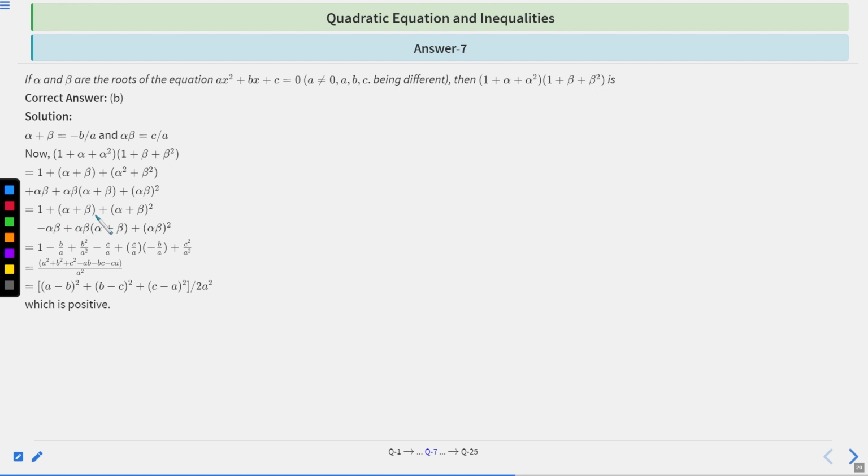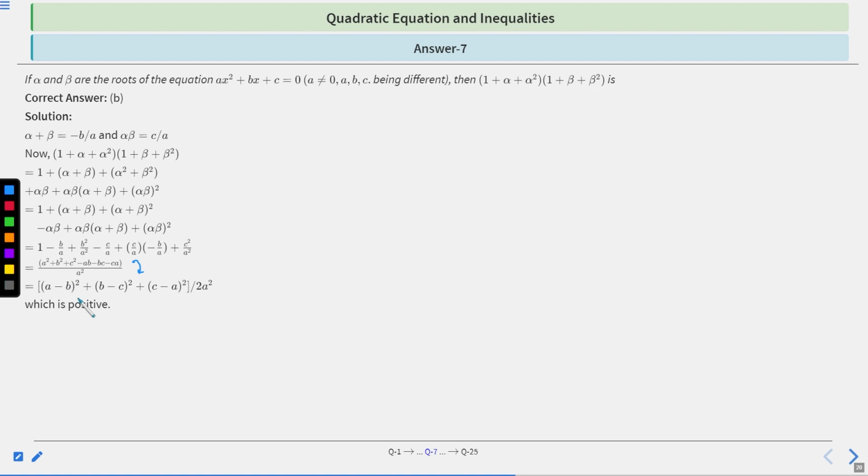After adjusting this, we put all the terms in terms of either alpha plus beta or alpha into beta. Now let's put the value of alpha plus beta as minus b by a and alpha beta as c by a. So after solving, we get the value as c, a square plus b square plus c square minus ab minus bc minus ca.